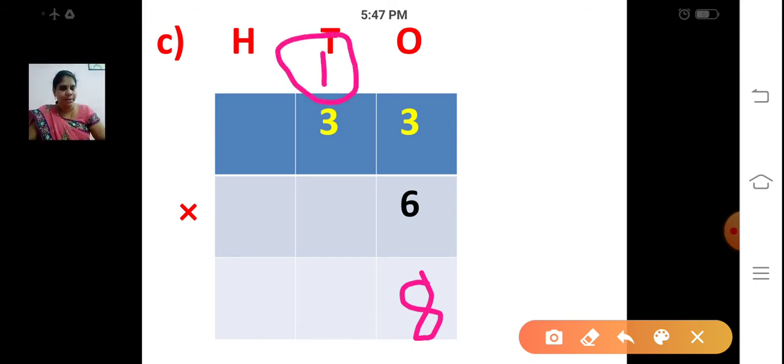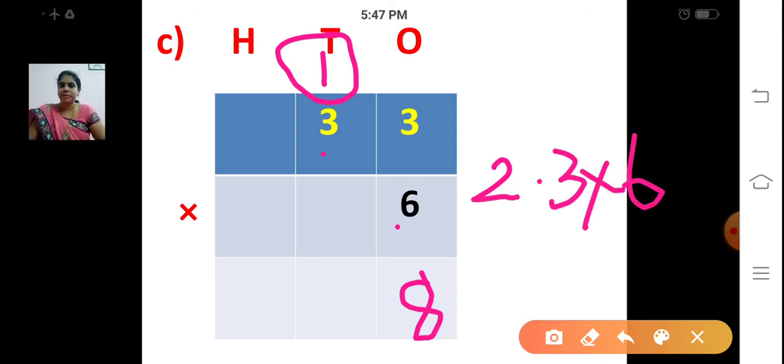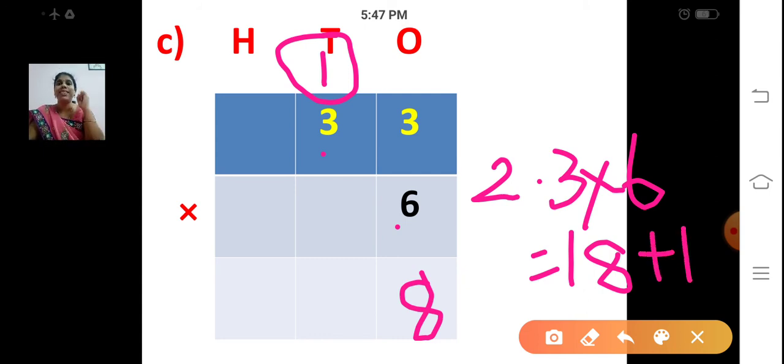Now what is the second step? Same way. Now multiply the digit at the tens place by 6. So the second step is 3 into 6. 3 sixes are 18, we know. Then we are going to add this carried over part. 18 plus 1, 19.